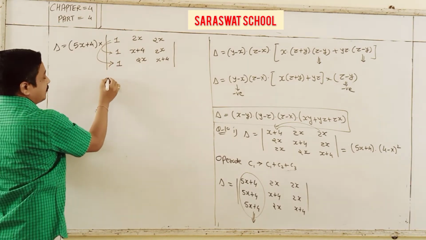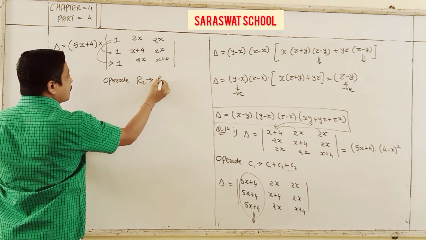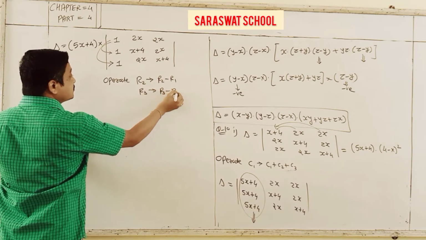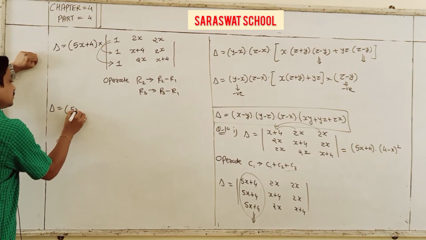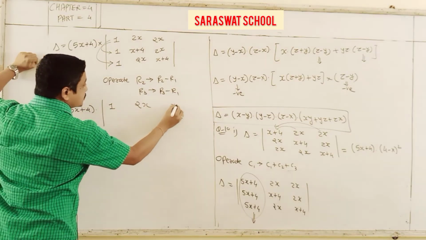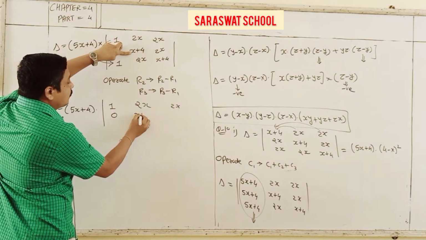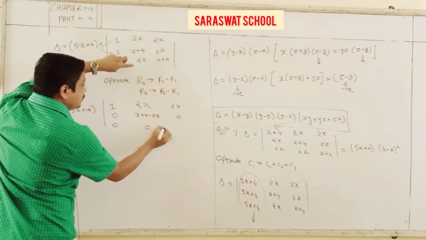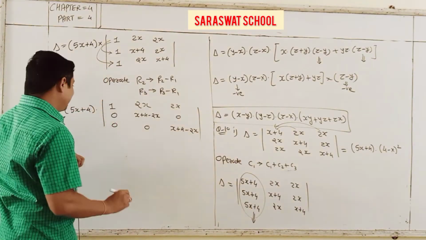So I operate row number second minus first, and third row also minus first. So my answer is del 5x plus 4, others are 1, 2x, 2x, 1 minus 1 0, x plus 4 minus 2x, here 0 0 0, x plus 4 minus 2x, and decide the final answer.